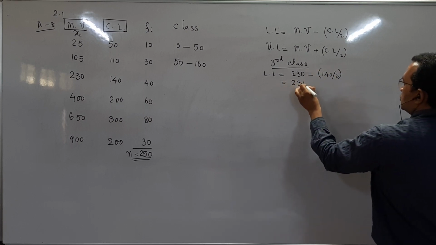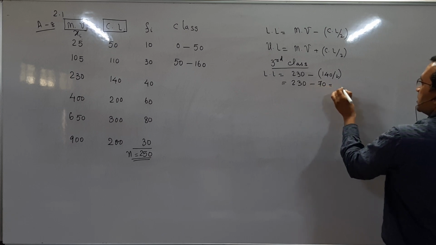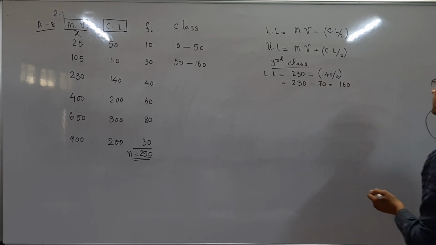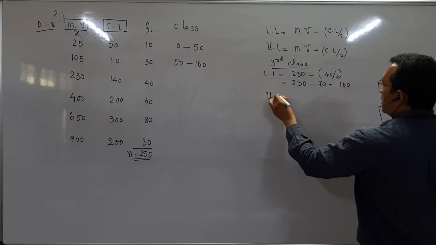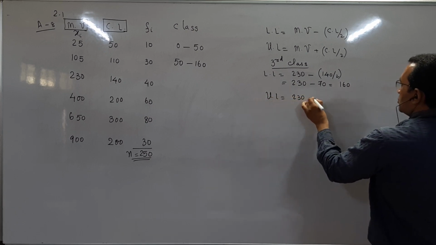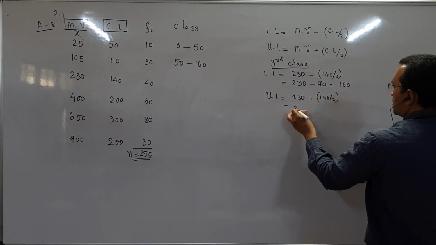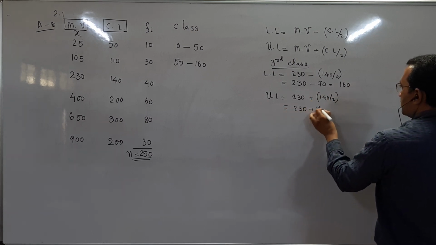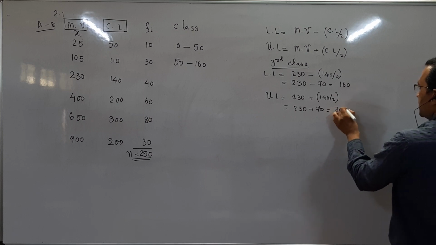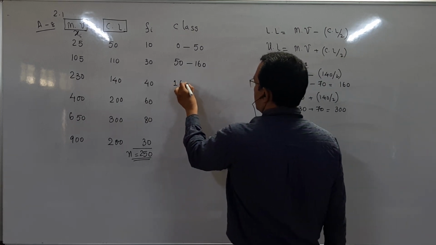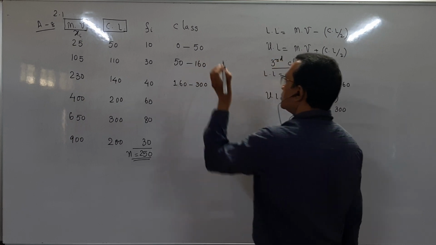So 230 minus 70 will be definitely how much? 160. And upper limit is equal to 230 plus half the class length. So 230 plus 70, and that will give us 300. So this class's limits are 160 to 300.